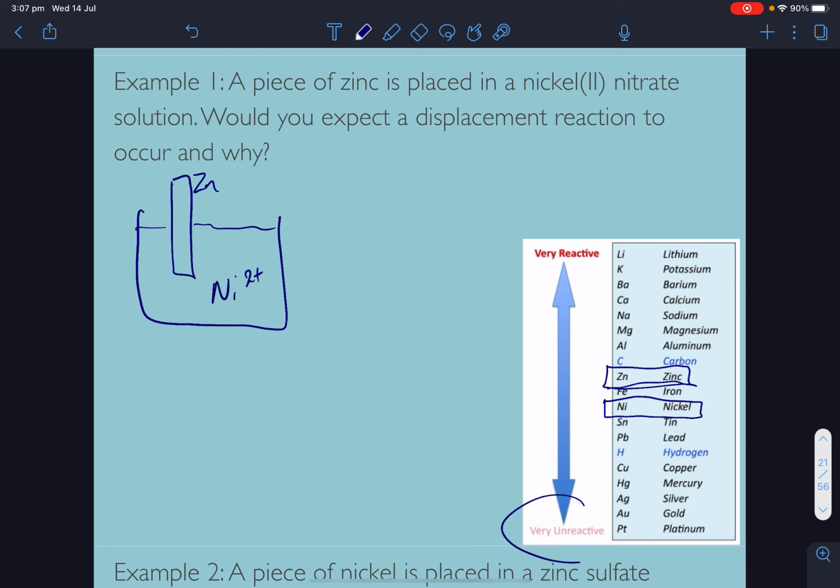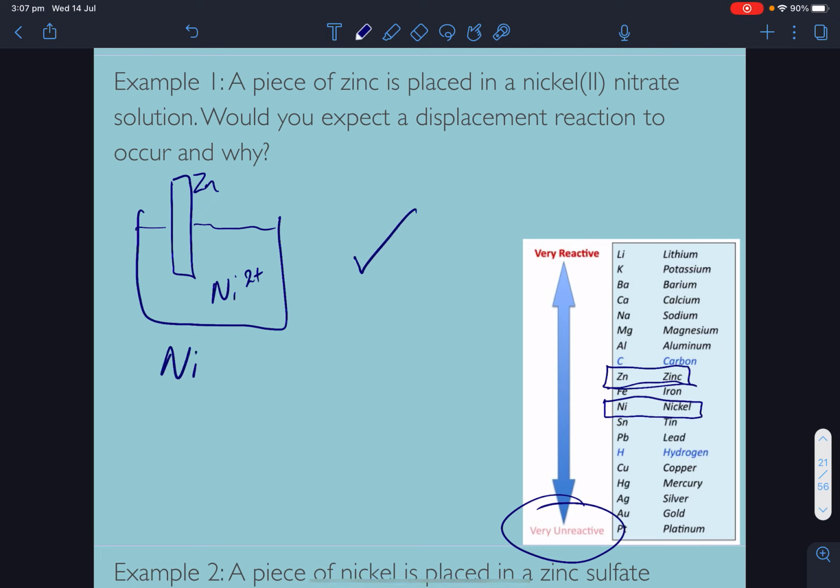So nickel's more unreactive. It's the one that likes electrons the most. It likes electrons more than zinc. Zinc has the electrons, nickel doesn't. So what's going to happen is we are going to get a displacement reaction.